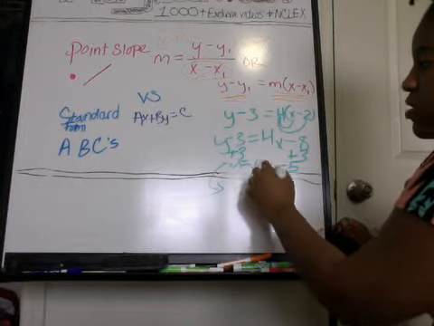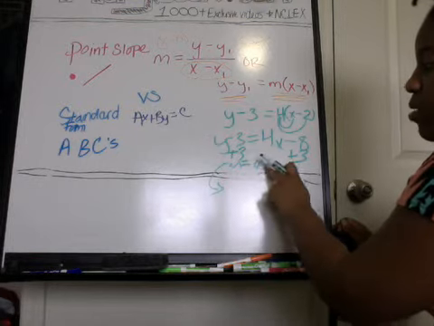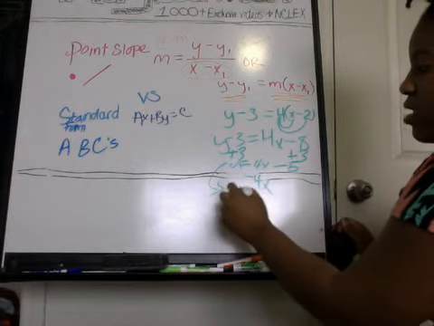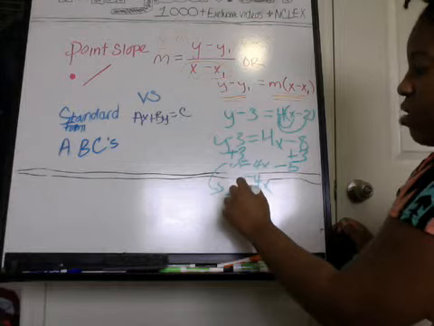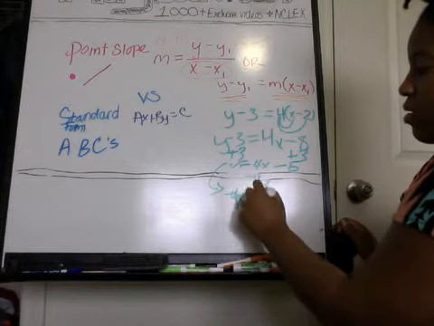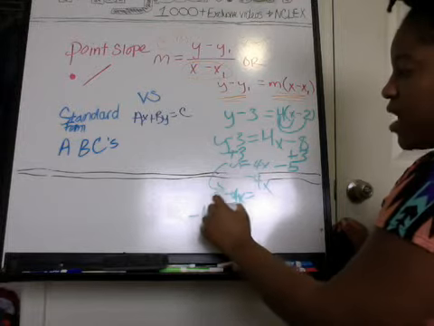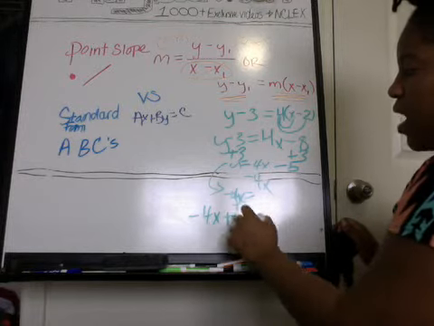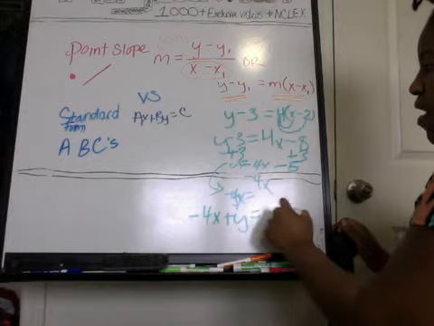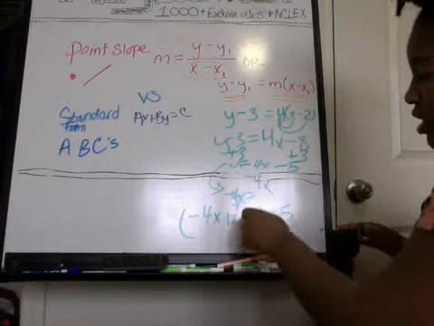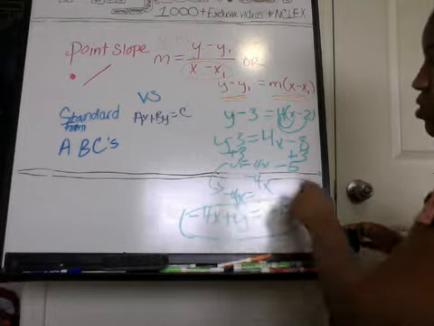So just move this 4x to the other side. You got 4x here. Just subtract it. 4x minus 4x on one side, on the other side. Right? So you have negative 4x plus y equals negative 5. Right? That's the relationship between the two formulas.